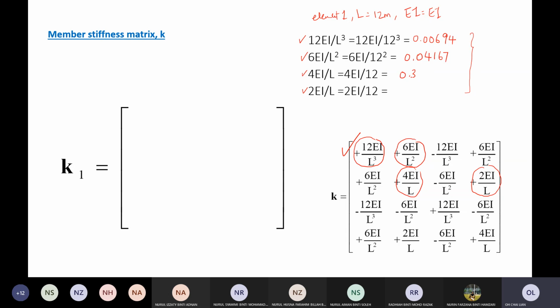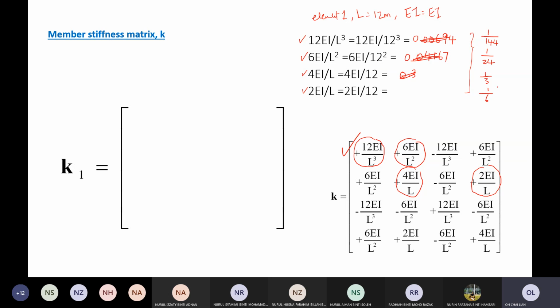I think this would be difficult to write in the matrix. Can we maintain it in fraction form? Maybe it's better. Okay, do you get the value I obtained here?